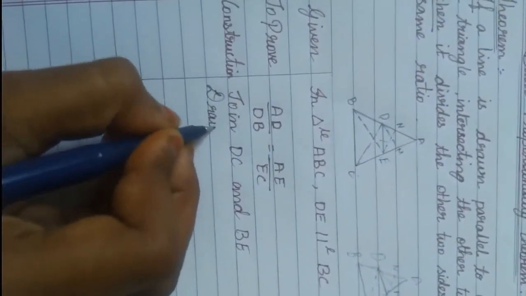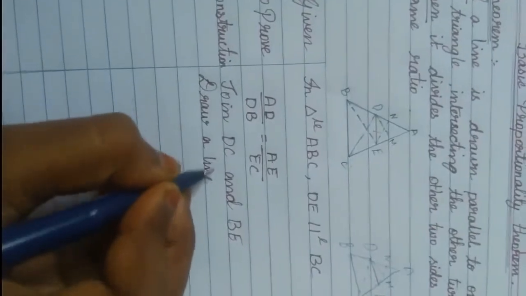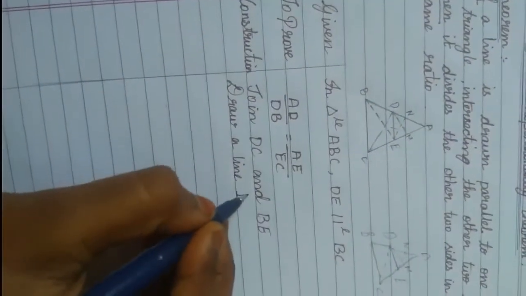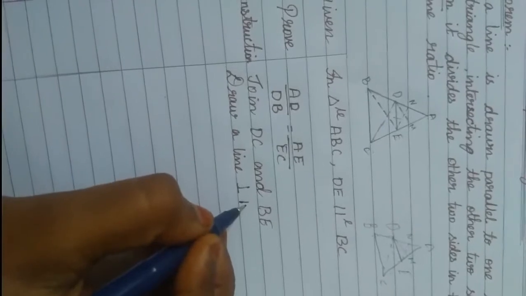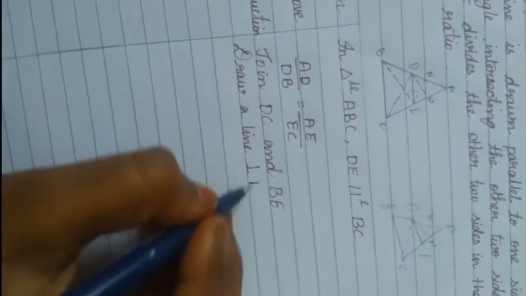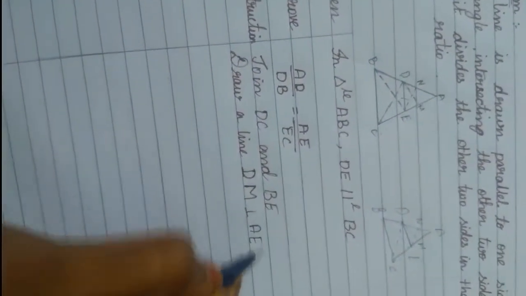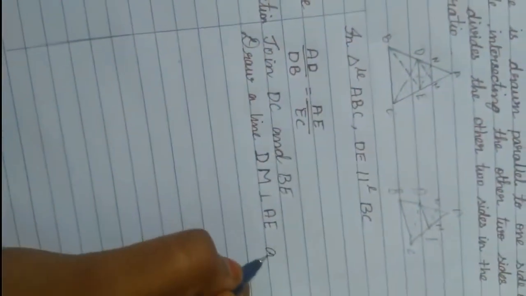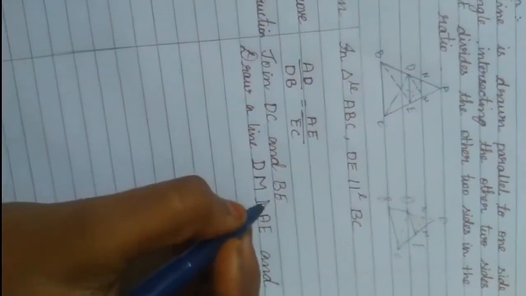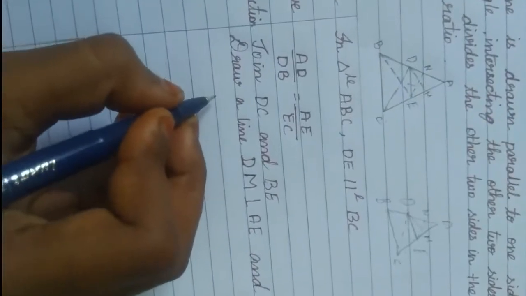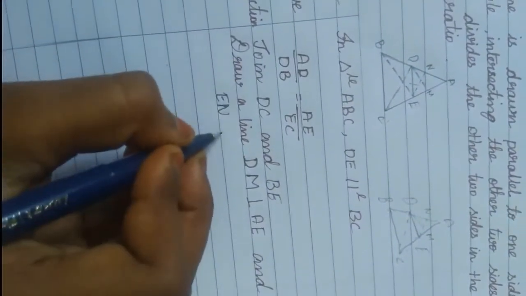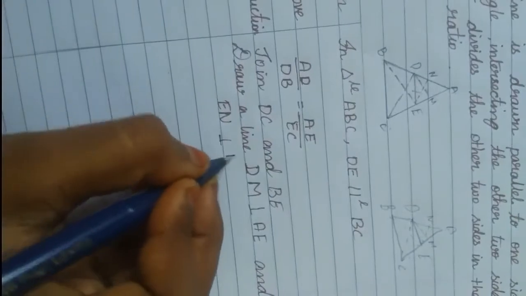We'll write it: draw a line DM perpendicular to AE. You should name it correctly. And another perpendicular line we are drawing, EN perpendicular to AD. Yes, construction over.